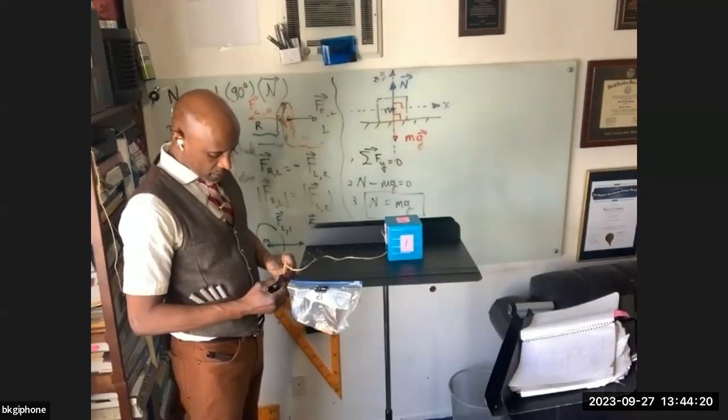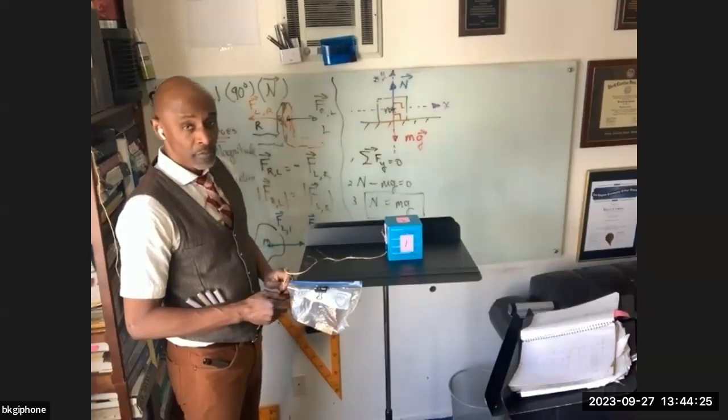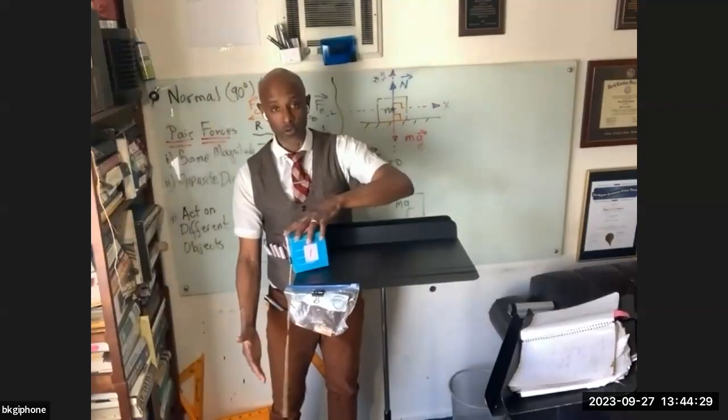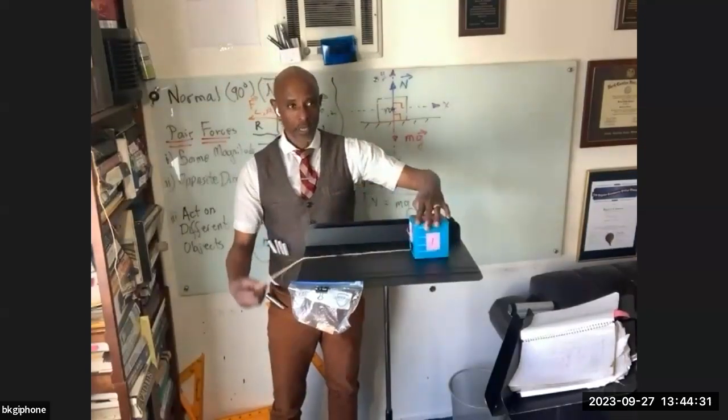So blocks in tandem meaning connected together through a string. And we're going to assume that the string is massless. So I attach this thing on and it pulls it over. Okay. Look at that.